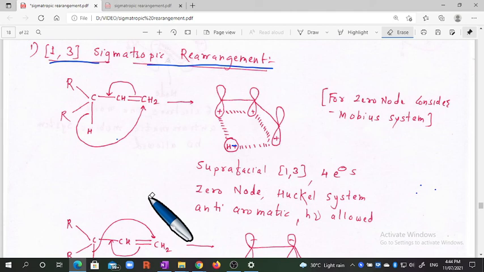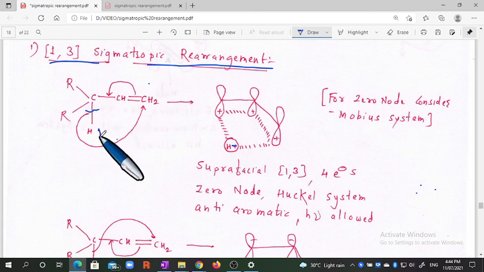This is the main thing important to identify whether the reaction is thermally allowed or photochemically allowed. Let us discuss the first example. In this example, it is a 1,3 sigmatropic rearrangement. Because the sigma bond breaks from there, numbering 1, 2, 3, the migration is from the 1 to 3 position, therefore it is a 1,3 sigmatropic reaction.